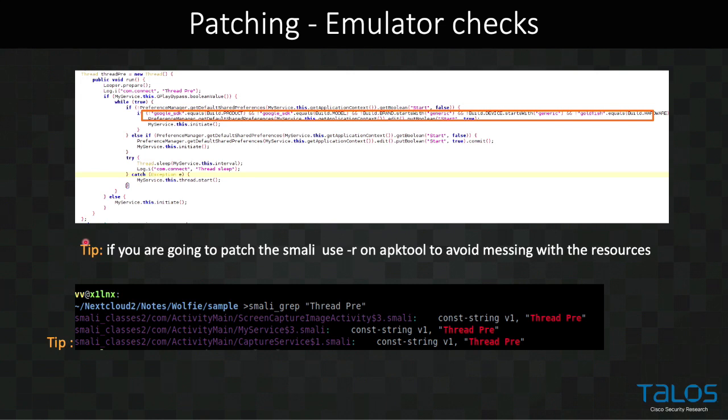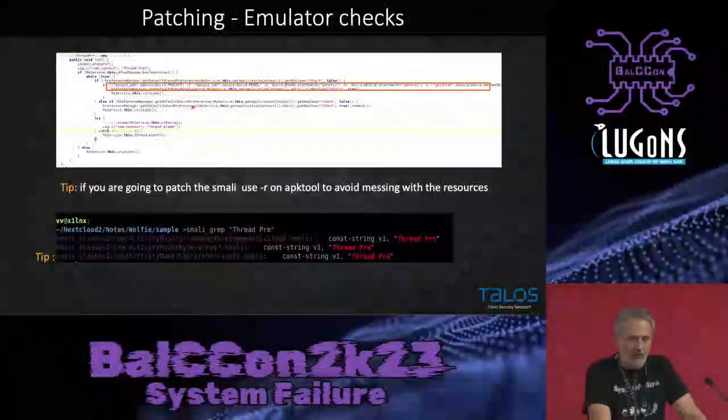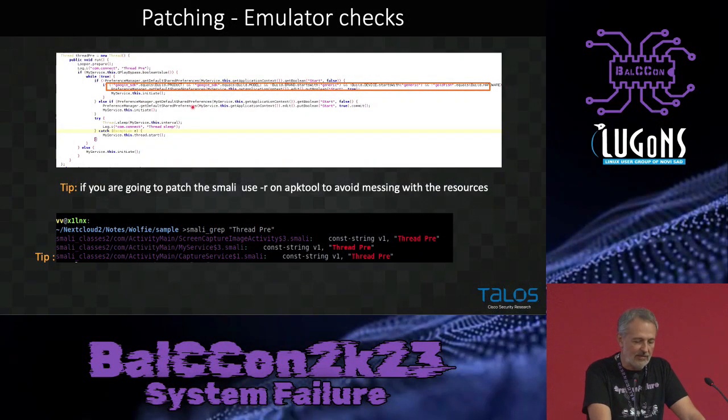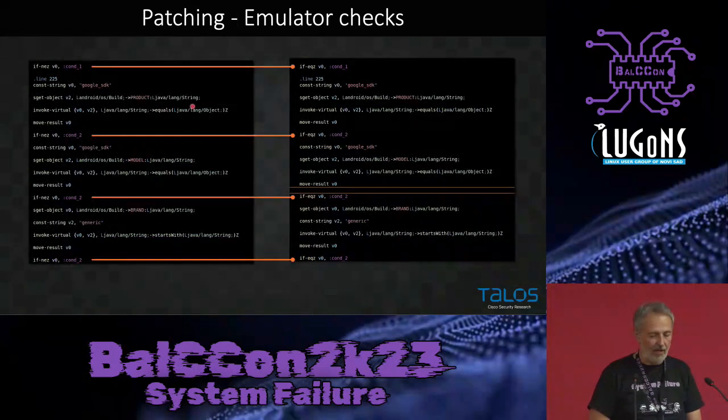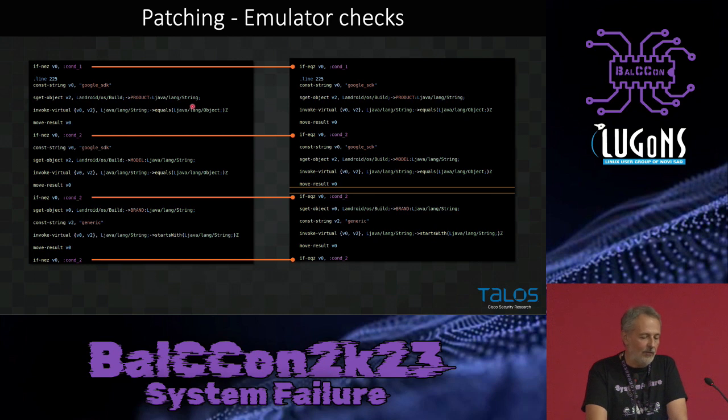And here we can see some code, and that code goes, if I see certain files existing, then... One way to do it is to instrument with Frida, and the second way is to actually change the Smali code. So we go into the file system and try to find all the Smali files that contain certain strings, which are the strings checked by the emulator checks. Then instead of if-not-equals-zero, we change it to if-equals-zero, and then we recompile.